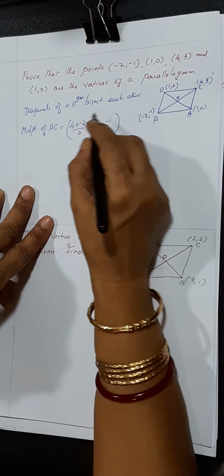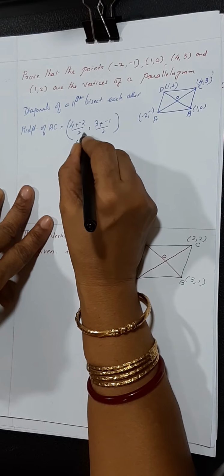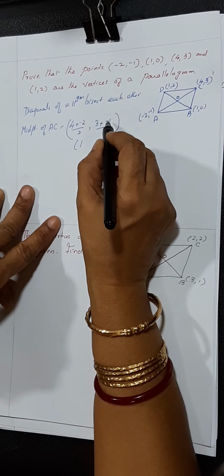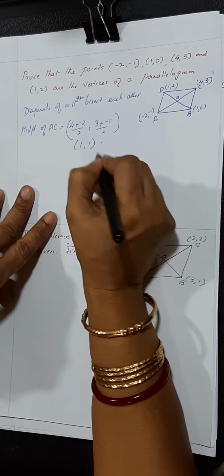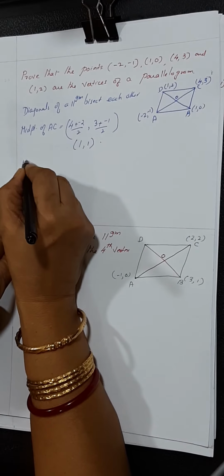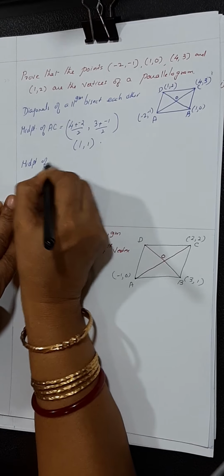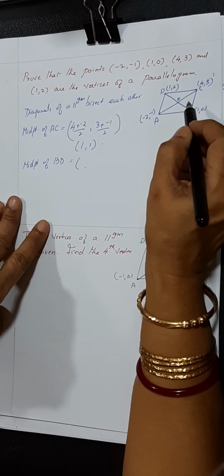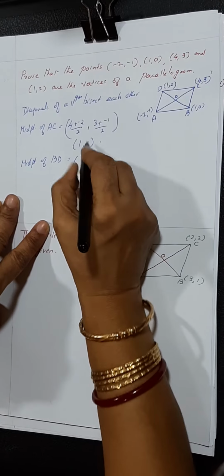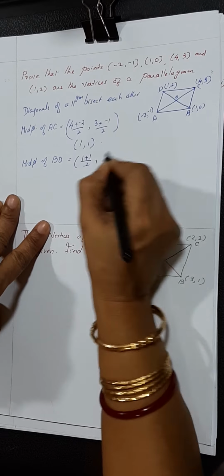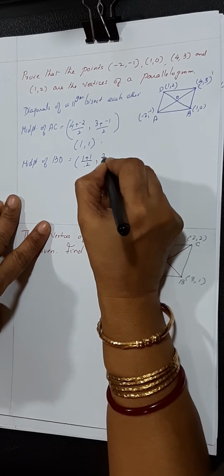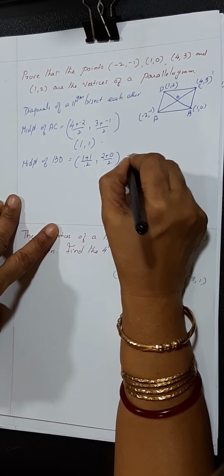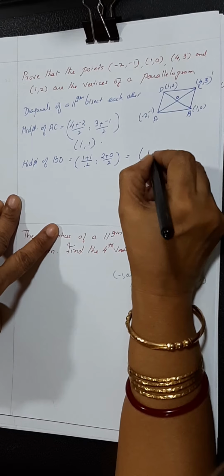So it is 1, 4 minus 2, 2 by 2 is 1, 3 minus 1, 2 by 2, again it is 1. Now let us find the midpoint of BD. So again 1 plus 1 by 2 and 2 plus 0 by 2. So 1 plus 1, 2 by 2 is 1, then 2 by 2 is 1.